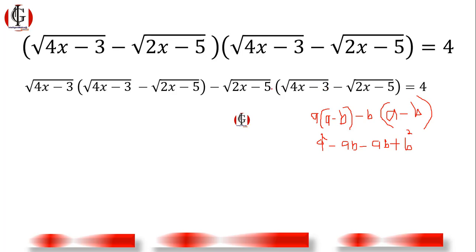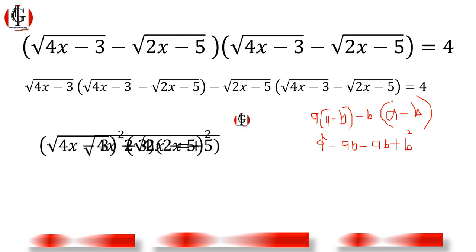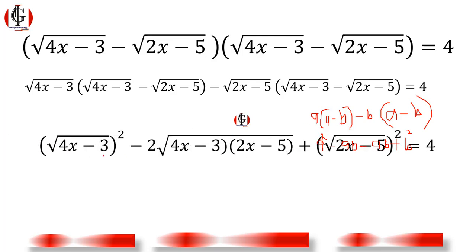Then plus root 2x minus 5 all squared. So we have the square root of 4x minus 3 all squared, minus 2 times root 4x minus 3 times root 2x minus 5, plus root 2x minus 5 all squared.